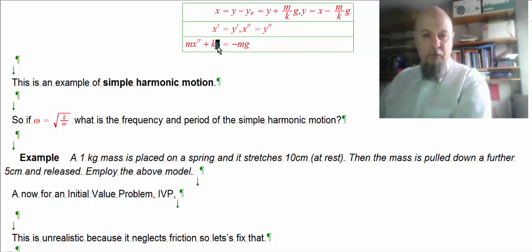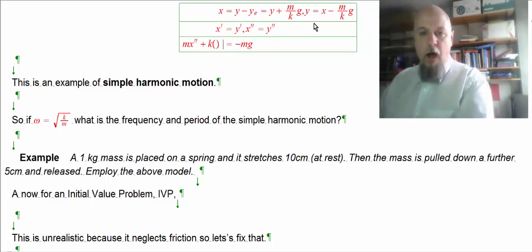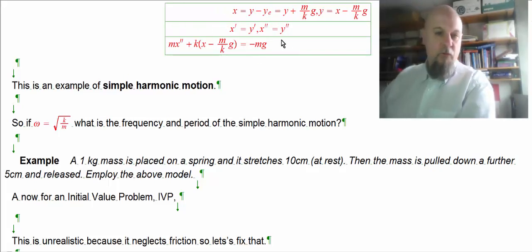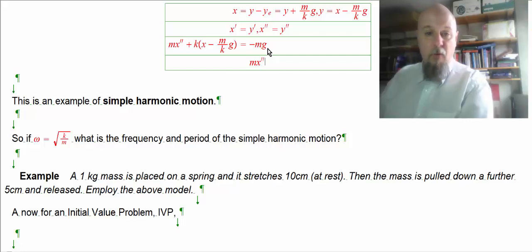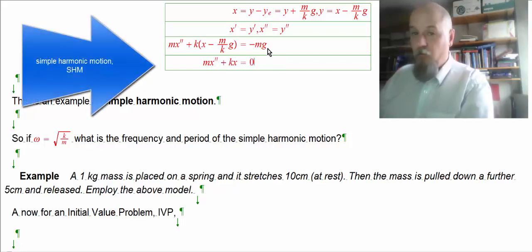So I'm going to replace this y with its version in x. And now when I clean this up, you'll see that this minus mg cancels with this minus mg, multiply the k through, and my new equation is m x prime prime plus k times x equals 0.